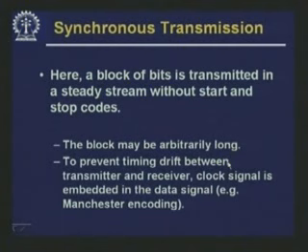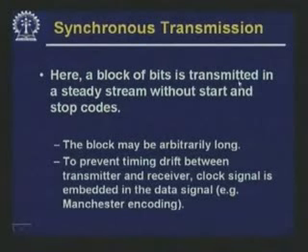In synchronous transmission, a block of bits is transmitted in a steady stream without start and stop codes. In terms of efficiency, asynchronous transmission is not that efficient. If you are sending just one or a few characters, then asynchronous transmission may be all right, but when you are doing a lot of transfer, asynchronous transmission becomes very inefficient.